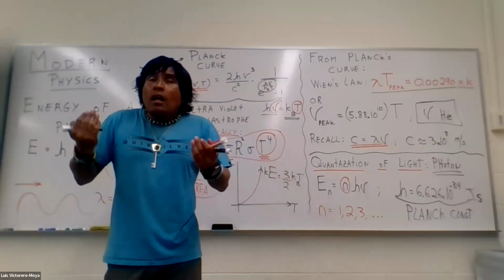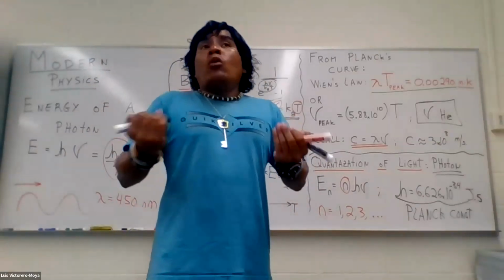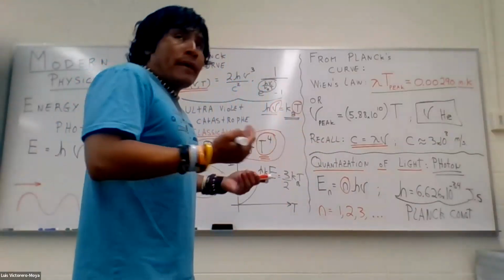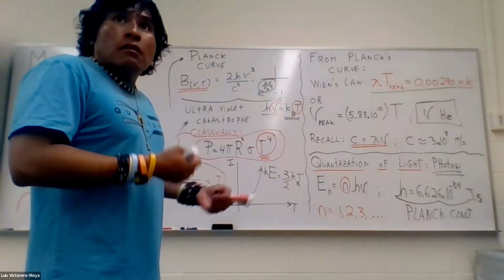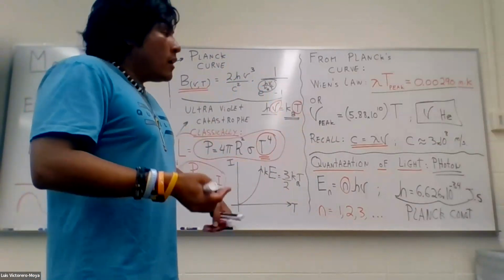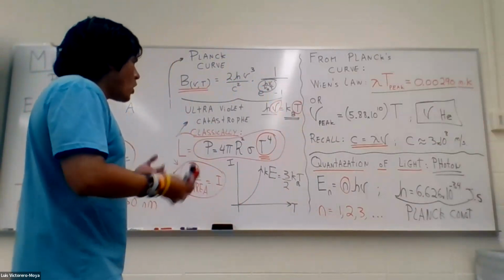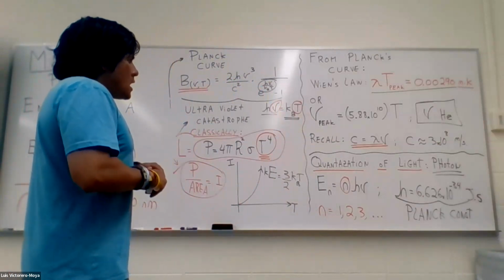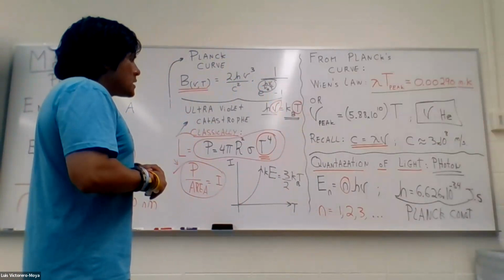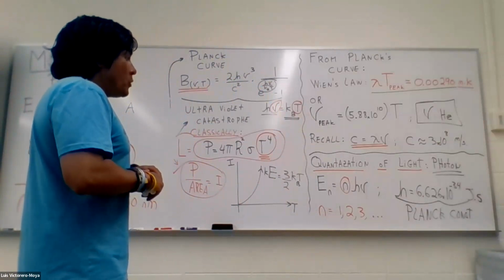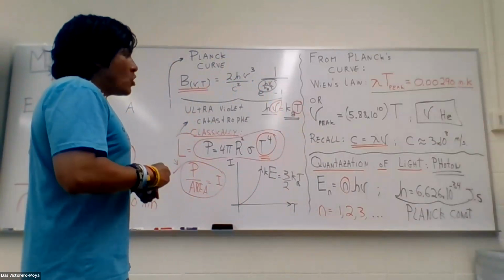You have l, which is the symbol that we use for the angular momentum. You have ml, which is the magnetic quantum number, and s is the spin. All right? So those are important results that we obtain from the quantization of light.